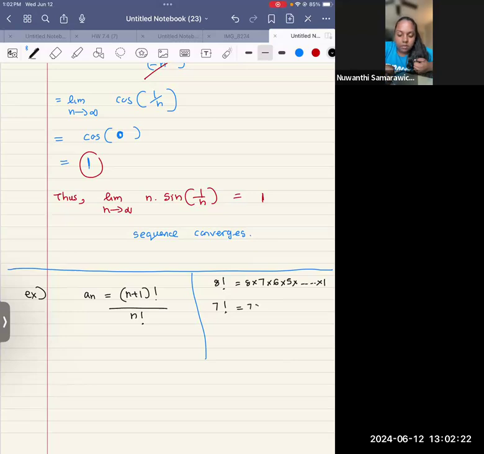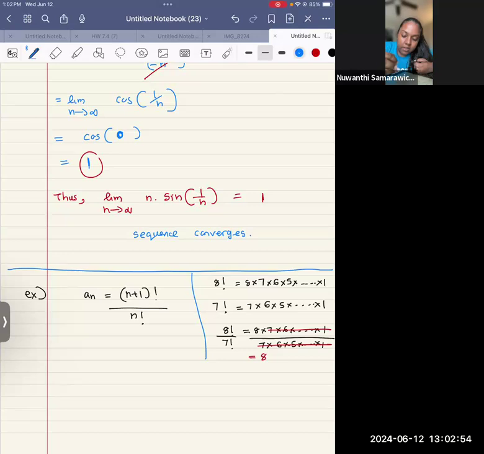This means 7, 6, 5, and goes to 1. So if 8 factorial is divided by 7 factorial, then what do you get? That means 8, 7, 6, down to 1, divided by 7, 6, 5, down to 1. So all these terms get cancelled, right? So you will only get 8.